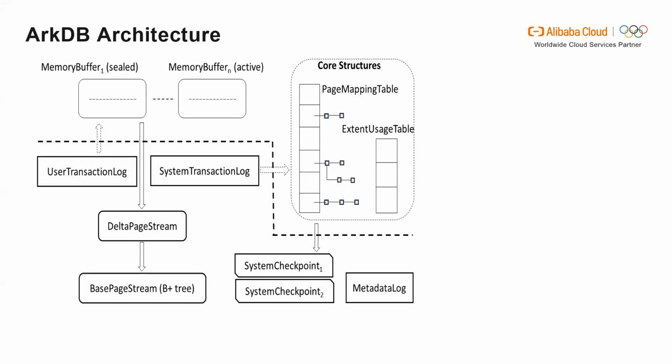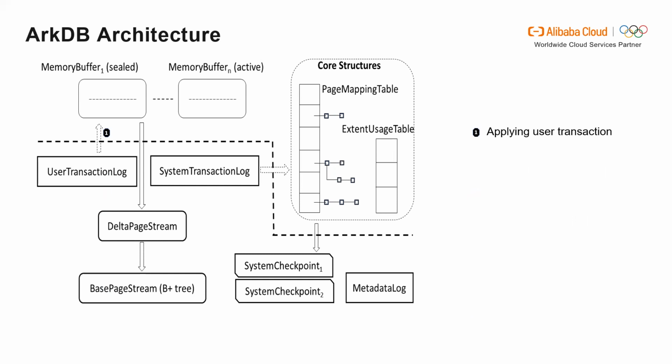This is the internal architecture of ArkDB. The memory tier contains memory buffers, page mapping table, and extent usage table. The storage tier consists of transaction logs, checkpoints, and data file streams. When a user transaction commits, its data changes are applied into memory buffers.